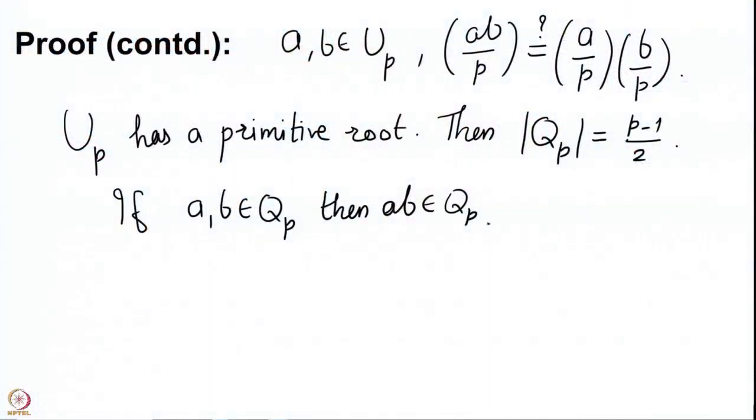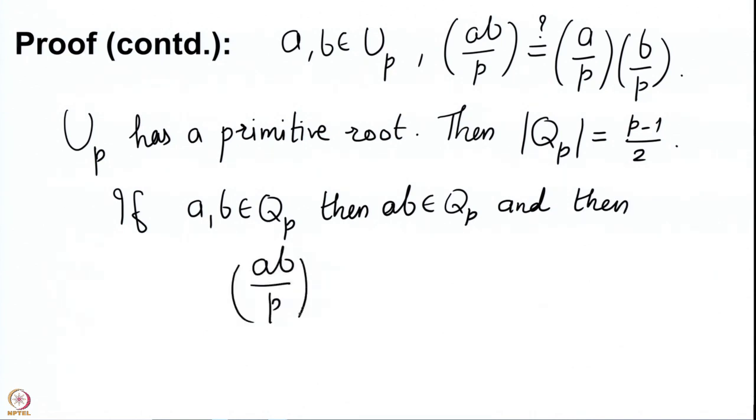So, if A, B both are in Q_p, then the product AB is in Q_p, and then we get the equality quite easily, because all these Legendre symbols are 1.